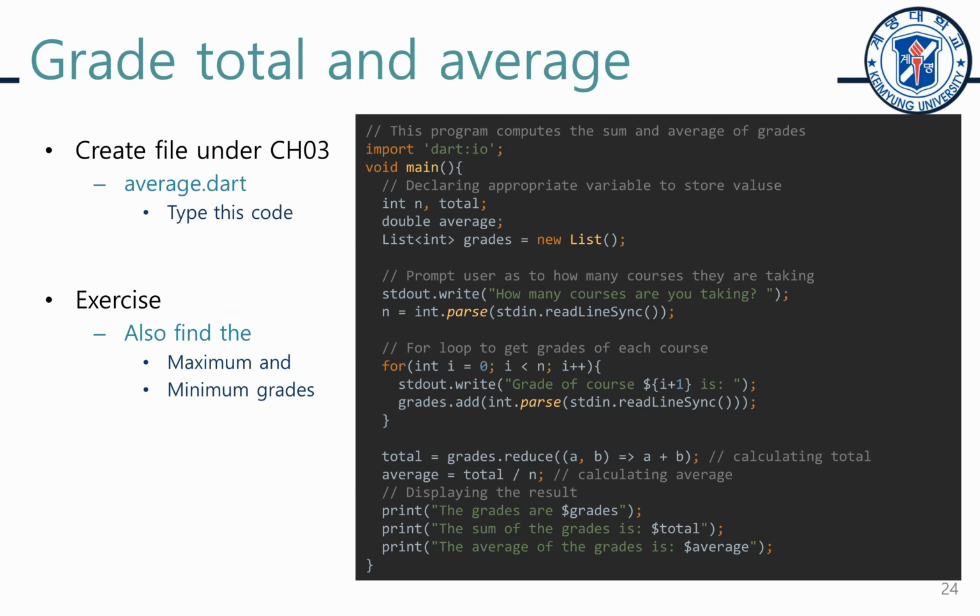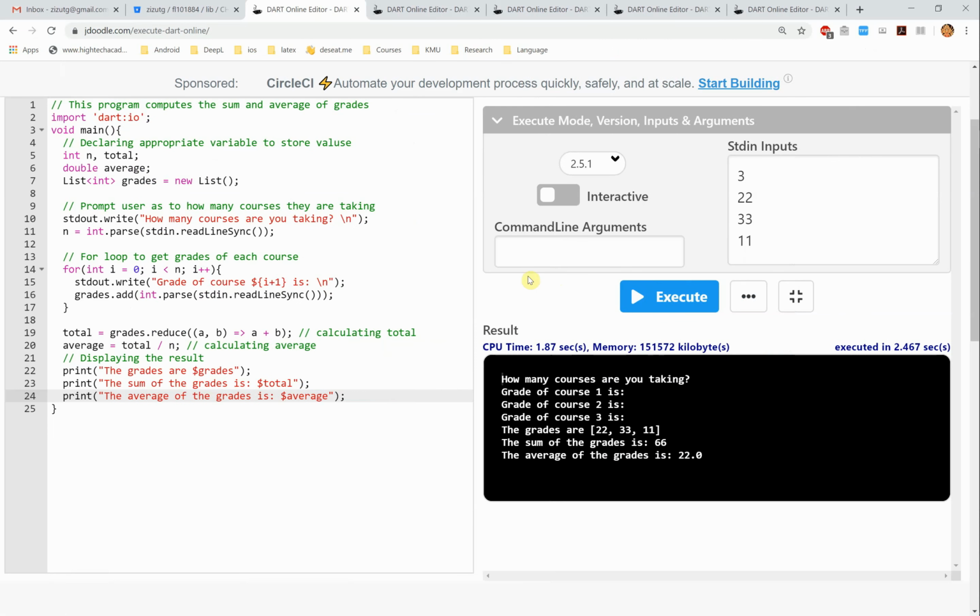We can take a look at this example to check our for loop. Let's go to the programming. In this case, we try to create a program that computes the sum and the average of grades.